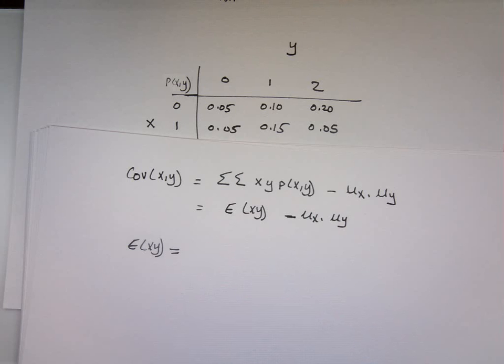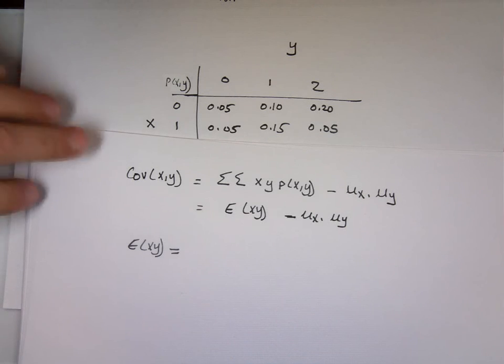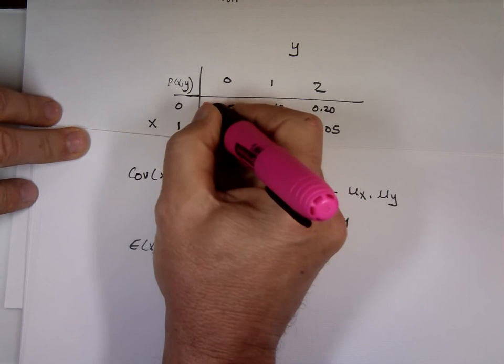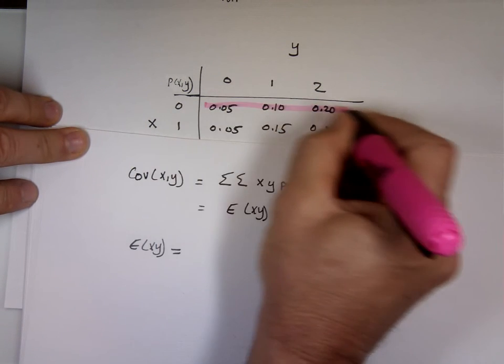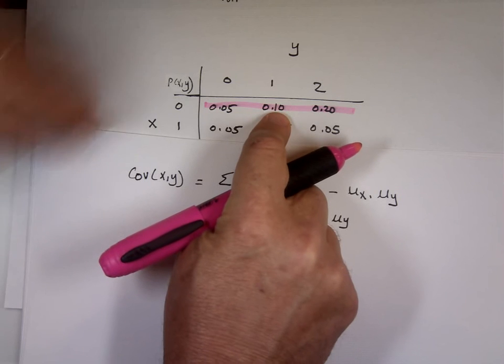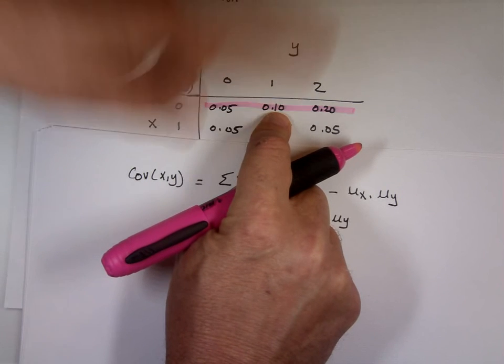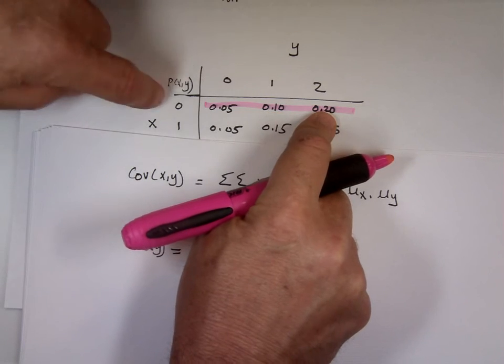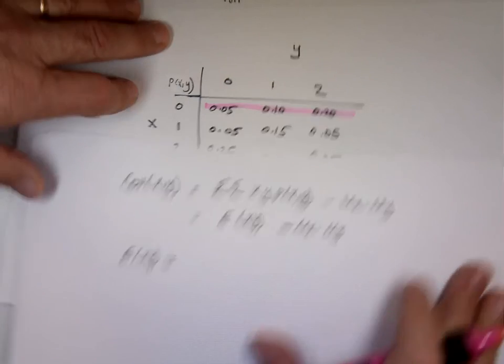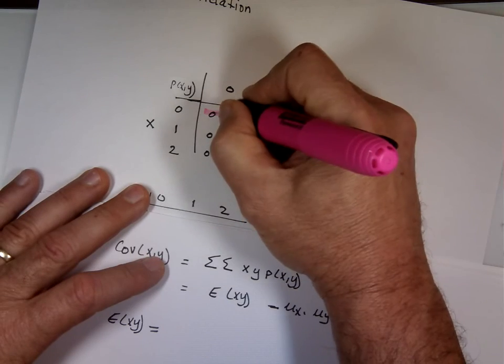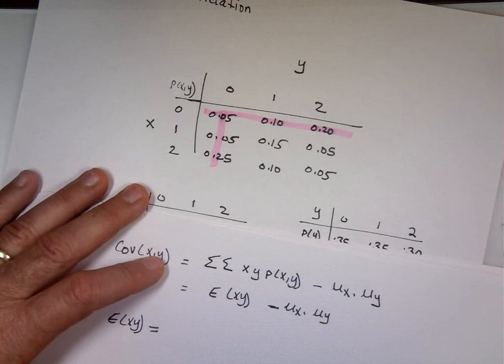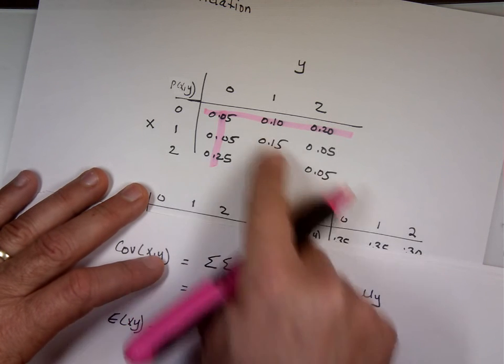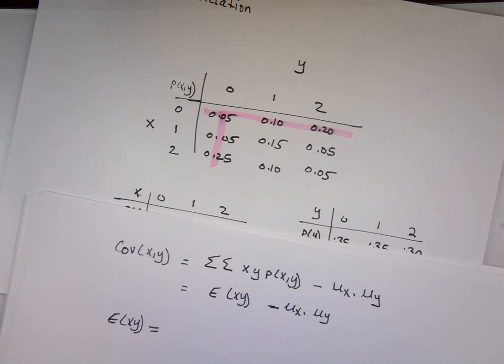So instead of wasting my time multiplying these, I can just take my highlighter. When x is 0, all these are gone, because 1 times 0 times that number is 0, and 2 times 0 times that number is gone. Also, these are gone because y is 0. So I'm only going to do these 4 numbers. Why waste my time on the other ones? Just get to it quickly.